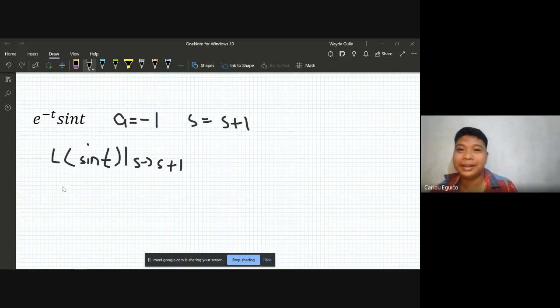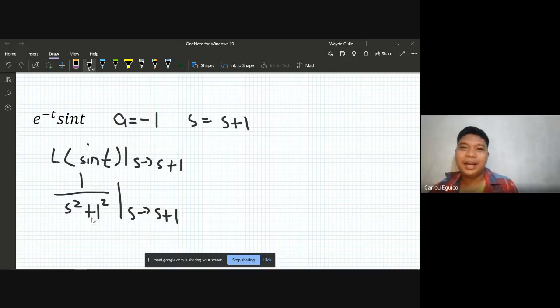Next, what is the Laplace transform of sine t? The Laplace transform of sine t is 1 over s squared plus 1 squared, parallel to s plus 1.